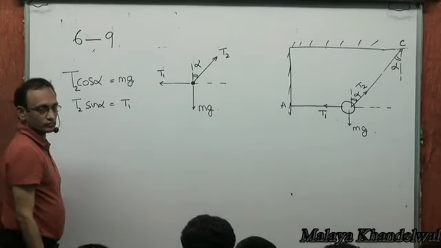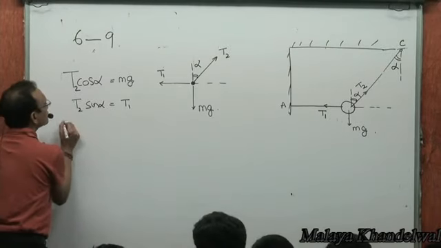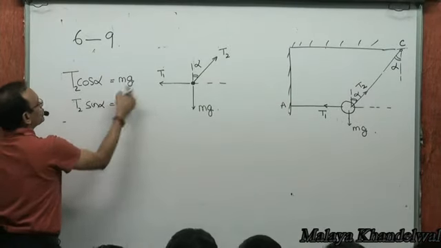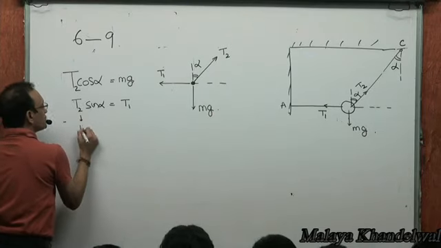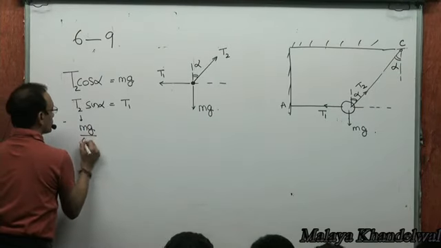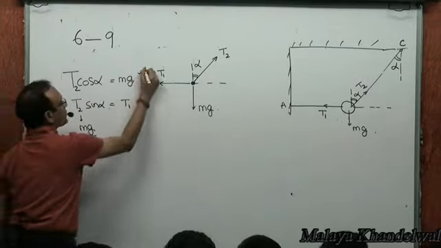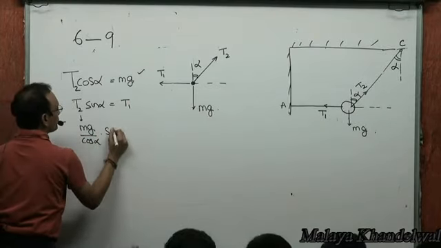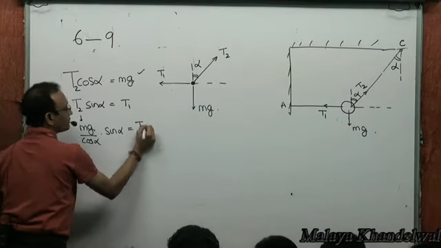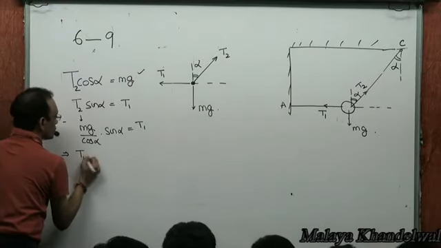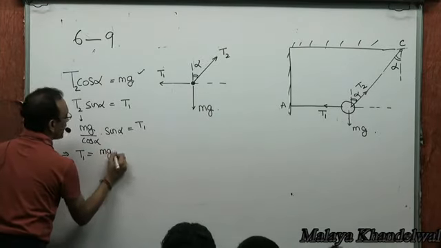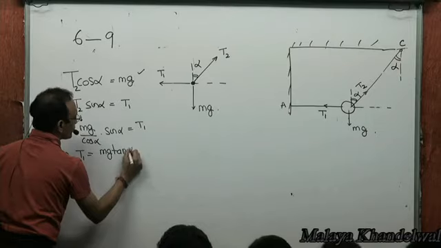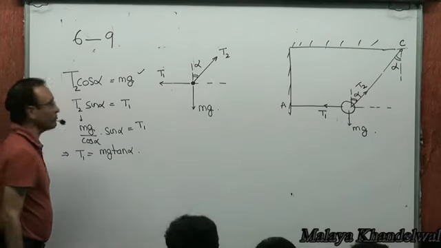Yes or no? So T2 is mg by cos alpha, and from this equation, T2 into sin alpha is T1. That gives me T1 equal to mg tan alpha. T1 is mg tan alpha.